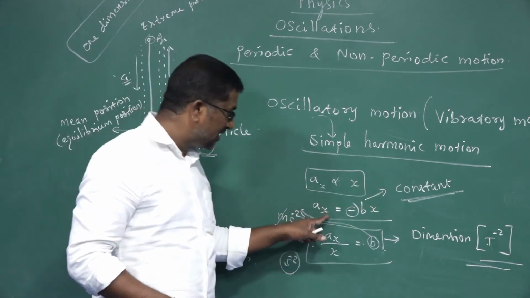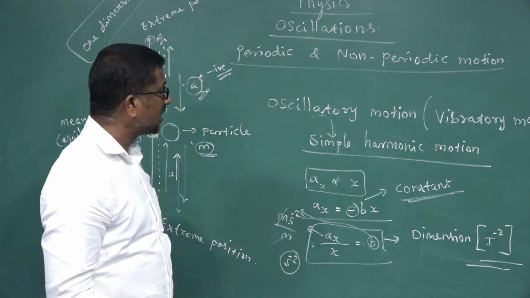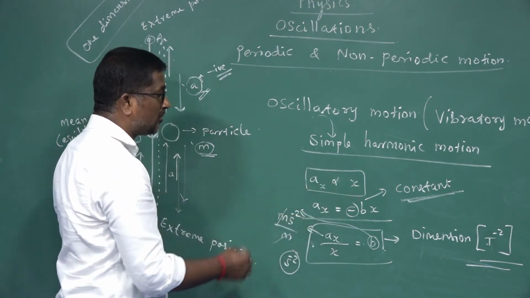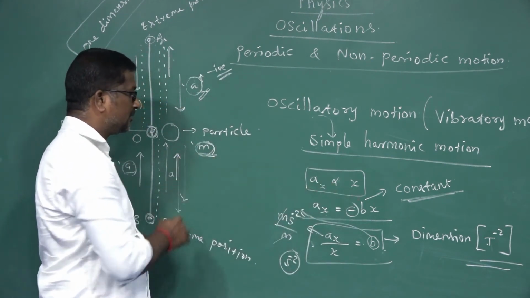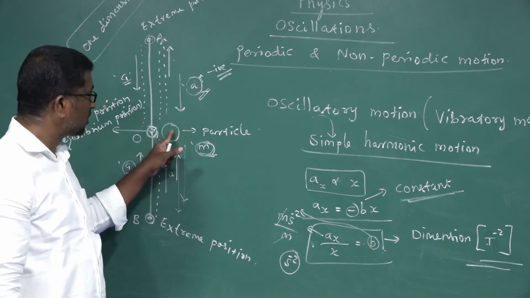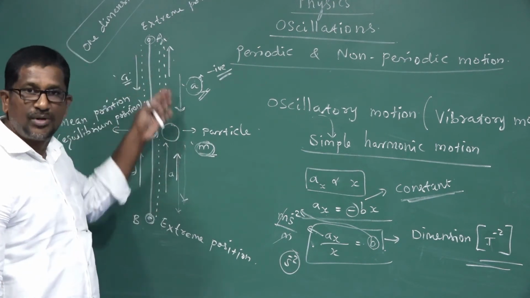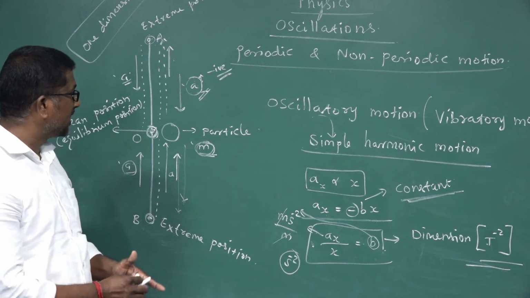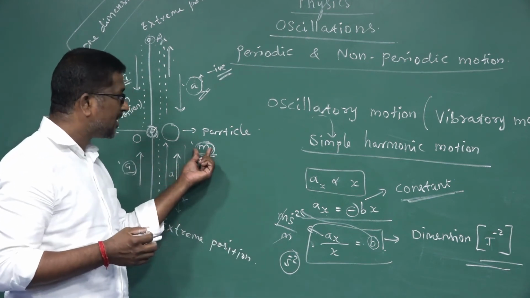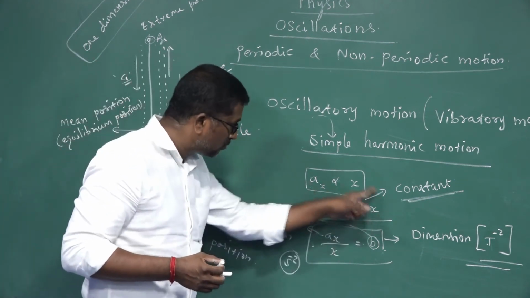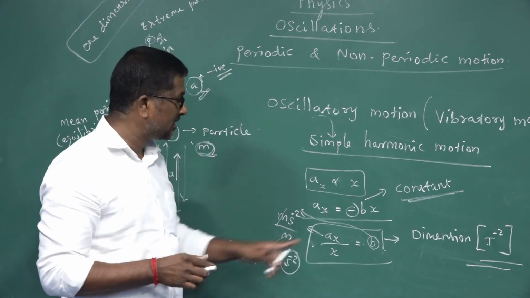Right. So in this equation, for our convenience, both sides are multiplied with the mass of the particle. So here what is m? Mass of the particle which executes a simple harmonic motion. For our convenience, the mass of the particle m is multiplied on both sides of the equation.